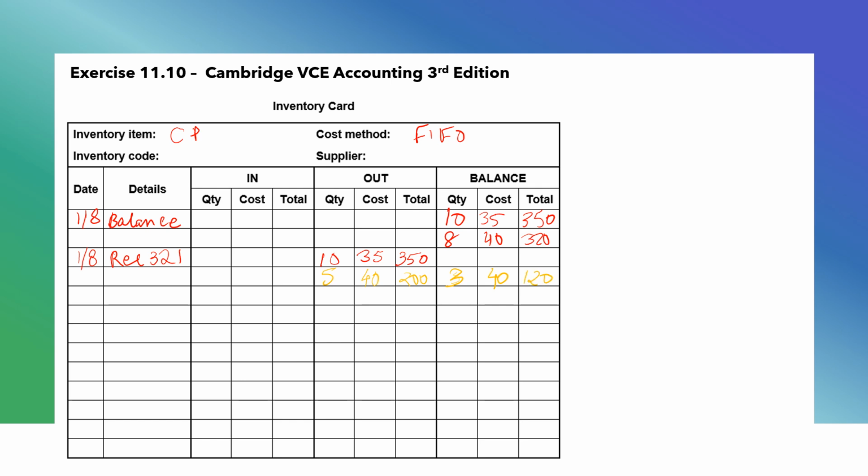Next, let's just use the same red. And next we've got 8th of August. Check 186. Now please remember that we're looking at the transactions in terms of what's going in and what's going out.